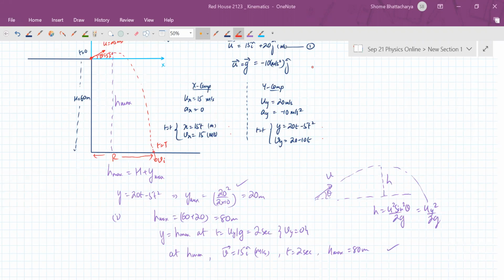So that's how, in fact, we find out the time also, no? That is 2 seconds, because you're putting the condition that Vy is 0.